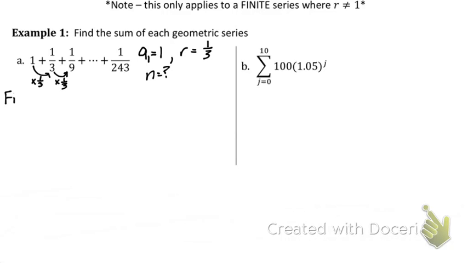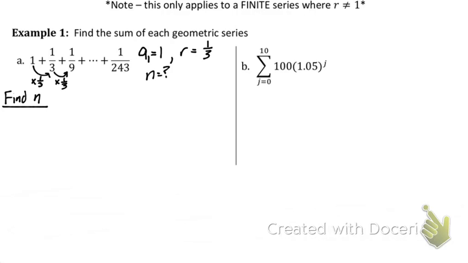So the first thing we're going to do is find n. Divide 243 by 3. Not quite, because that won't come out to the right answer, but we're going to do something similar.